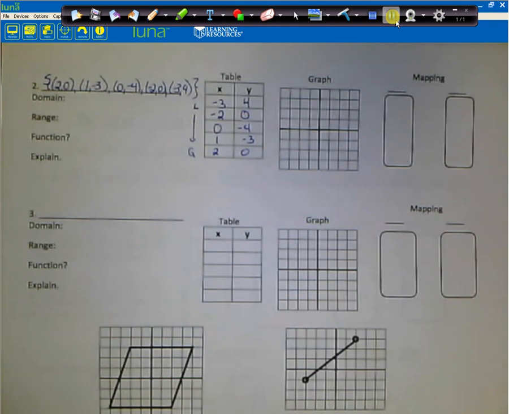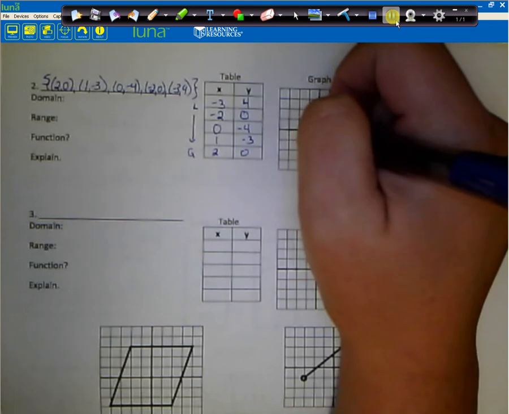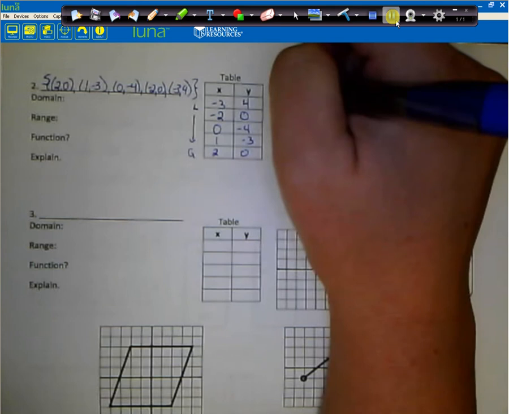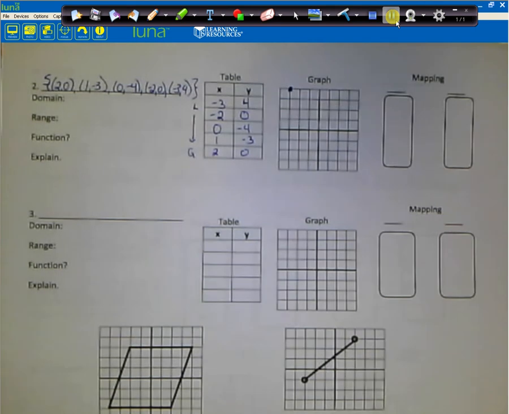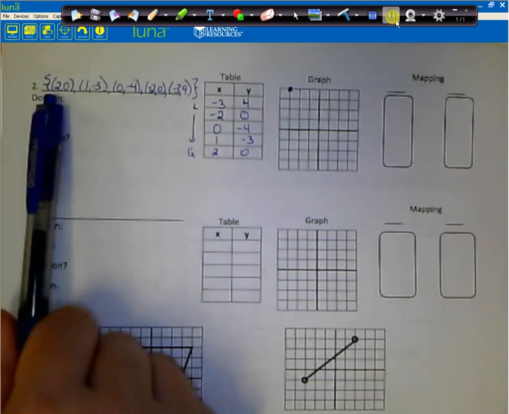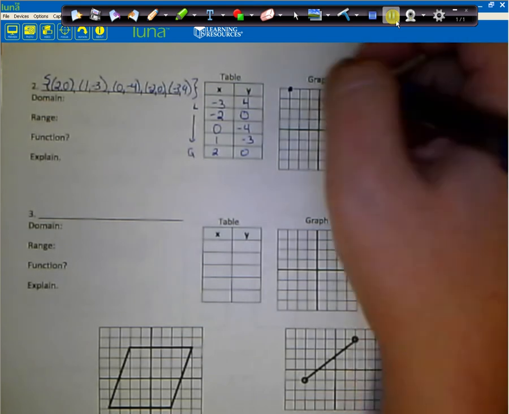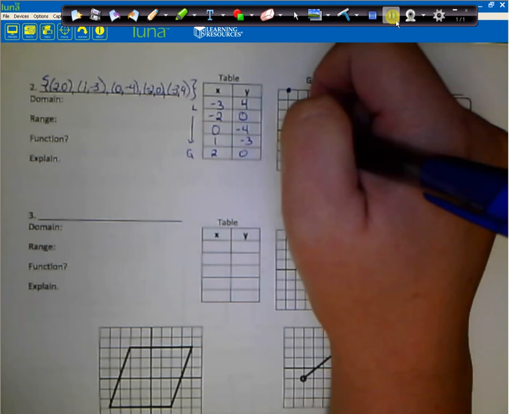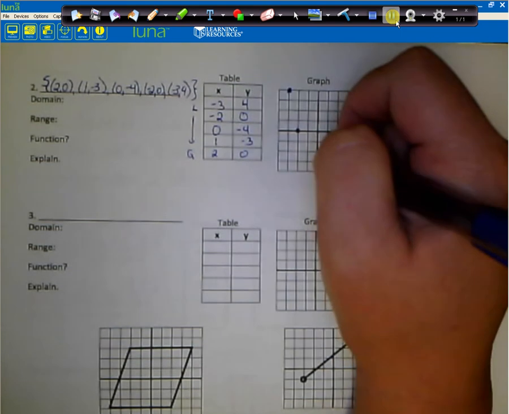Then we're going to go through and plot the points. So -3, 4. It's going to be right here. And remember, it's always your X value and then your Y value. Then we have -2, 0. We have 0, -4.